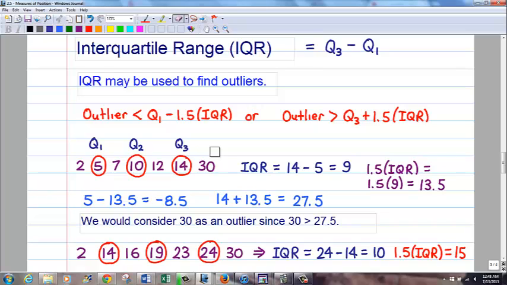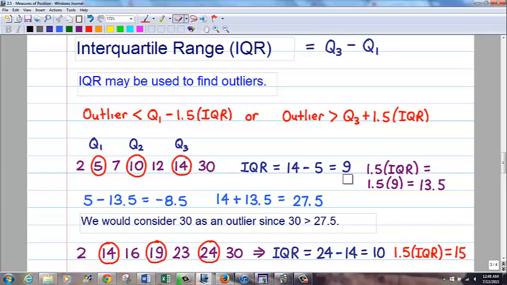So the quartiles are easy to find. IQR is Q3 minus Q1, so it's 14 minus 5, which is 9. Then I just took 1.5 times 9 to get 13.5, because that's the same measurement used in both results here. So if you take Q1 minus that 1.5 IQR, which is 13.5, you get negative 8.5.